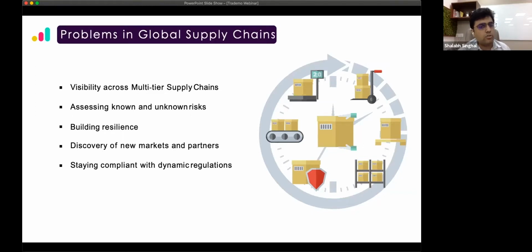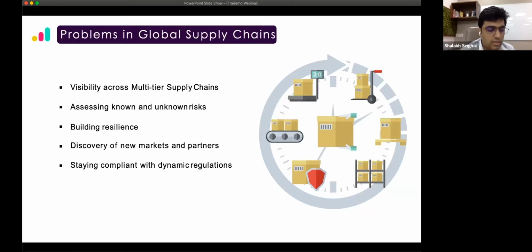And the overall process of discovery of new markets and partners for businesses is still an age-old process, where it takes up to 24 weeks to identify new partners, but businesses still do not have complete visibility or trust in the business that they're partnering with.